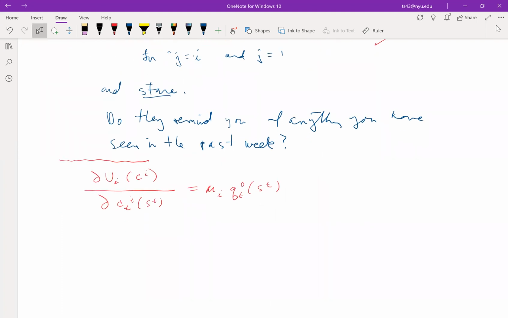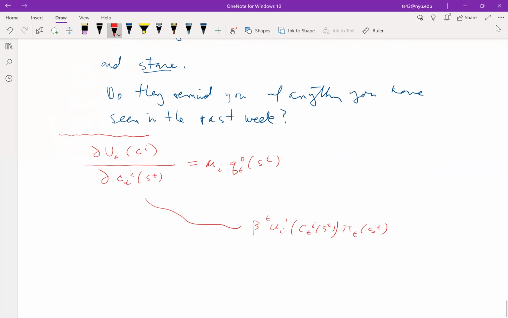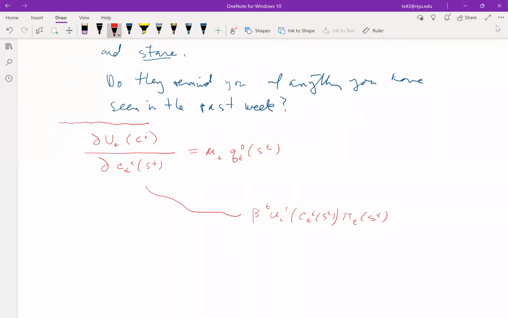Where we'll just remember this object is beta to the t. It's the same thing that we had before, u_i prime of c_t^i(s^t), times the probability. So that's the marginal utility times the probability times the discount factor raised to the time t.